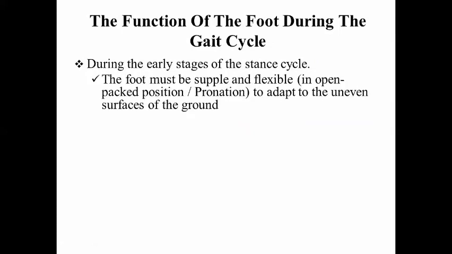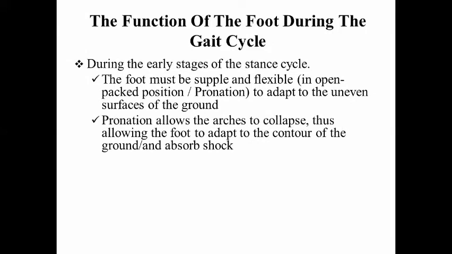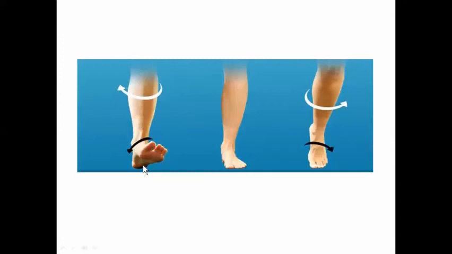Now come to the another. During the early stages of a stance cycle, the foot must be supple and flexible to adapt to the uneven surfaces of the ground. Pronation allows the arches to collapse, thus allowing the foot to adapt to the contour of the ground and absorb shock.